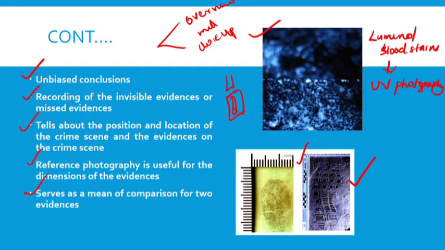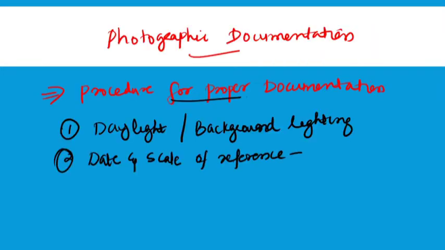Here they are using a scale for a particular evidence, so that it will be easy for taking the photograph. Likewise, while taking the photograph, for proper documentation you should keep a scale, and without scale also you have to take, and also you have to mention the date of taking the photograph.